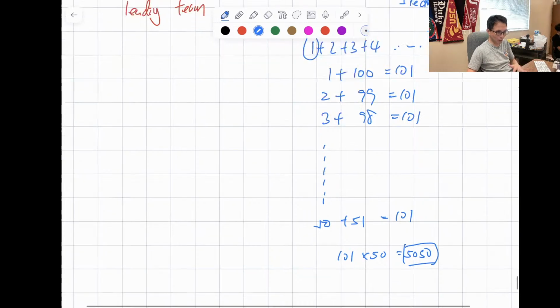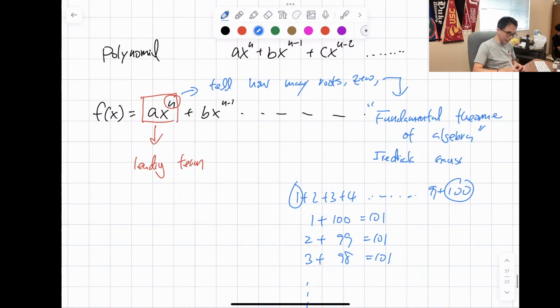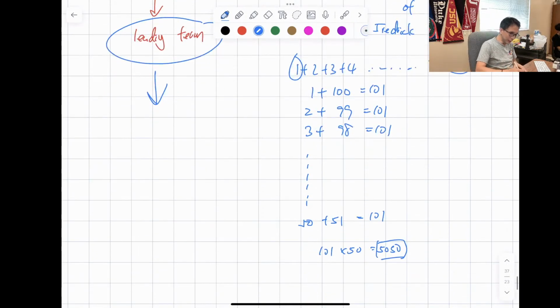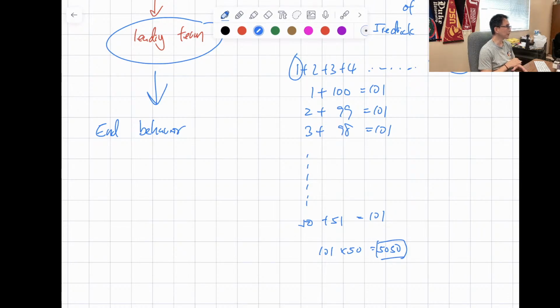Okay, so this is the part you have to think. The leading term is going to affect something called end behavior. Have you guys ever heard about end behavior before in Algebra 2? No? Yes? So what is end behavior? Can you tell me anything about end behavior?